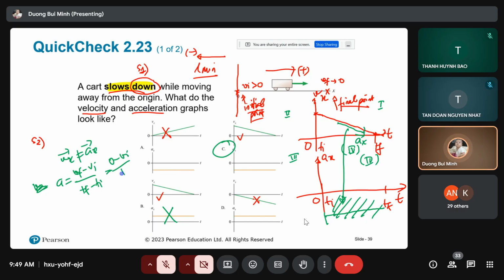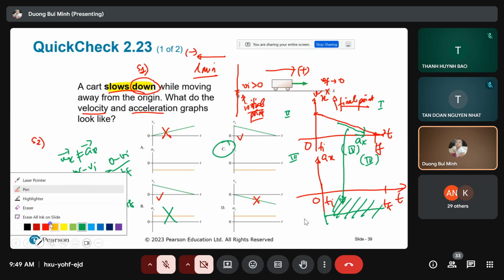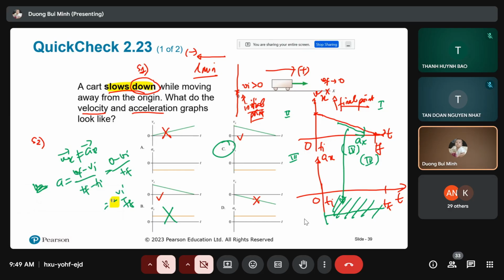For example, Ti is 0, you can get Tf, so you get minus Vi over Tf. Then if we observe this one, this is minus. That means Ax is different from Vx.